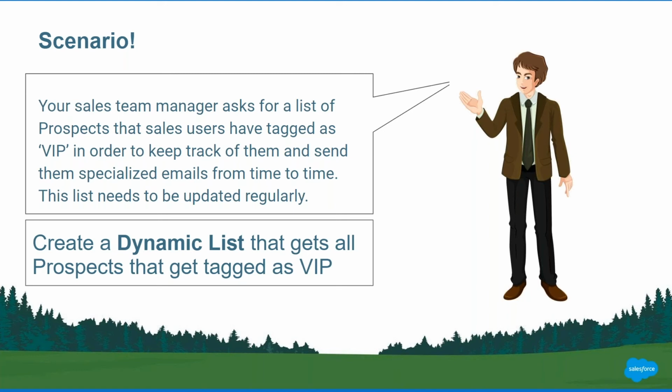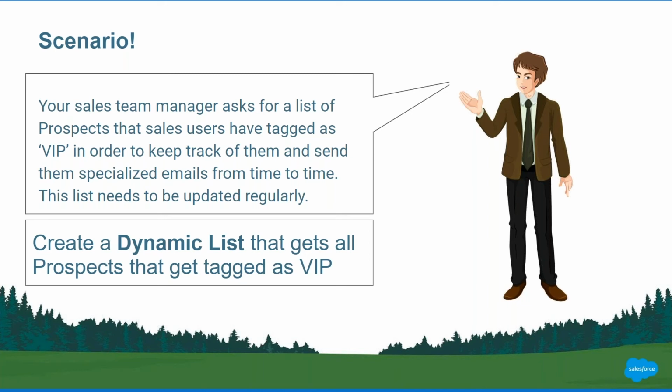You'd want to have a list of VIPs with you at all times, and it has to be updated regularly. So in this case, instead of opting for a segmentation rule, if you want it to update regularly, this time you'd opt for a dynamic list.